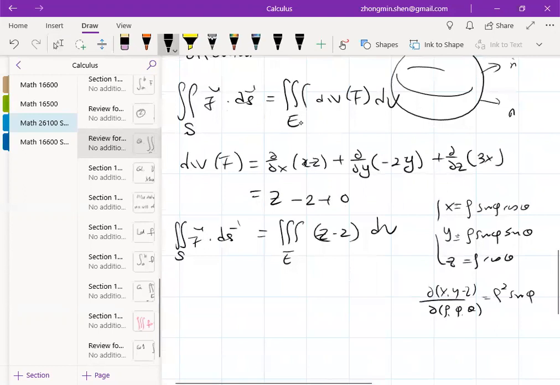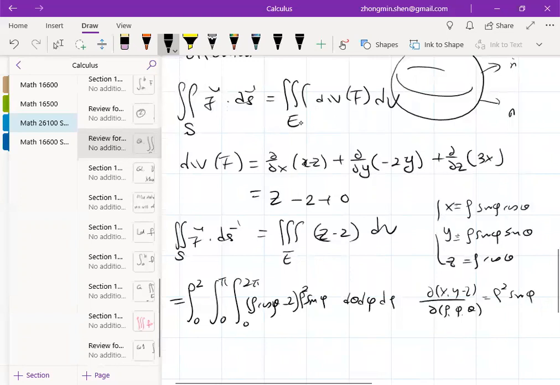Anyway, rho is from 0 to 2, and phi is from 0 to pi, since it's a complete sphere. And theta is from 0 to 2 pi. What is inside is rho cosine phi minus 2, times rho squared sine phi.